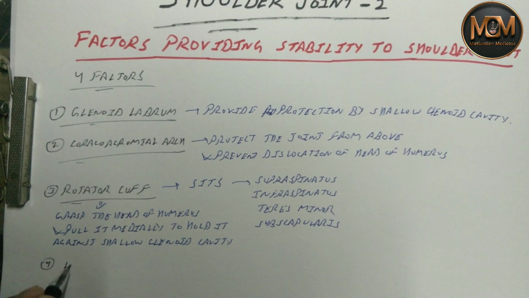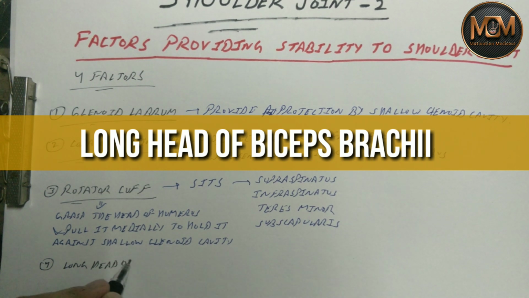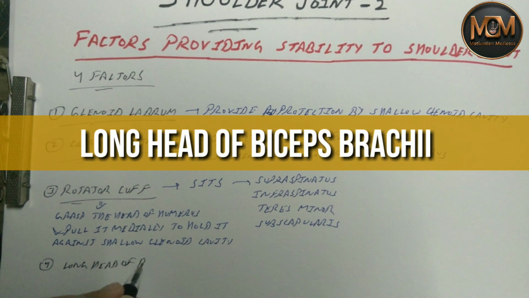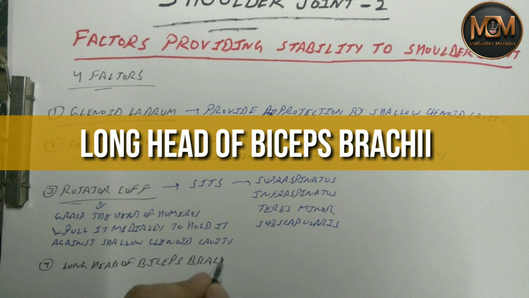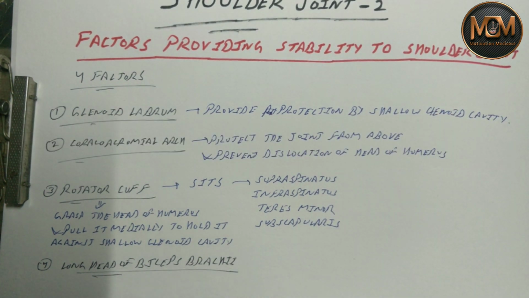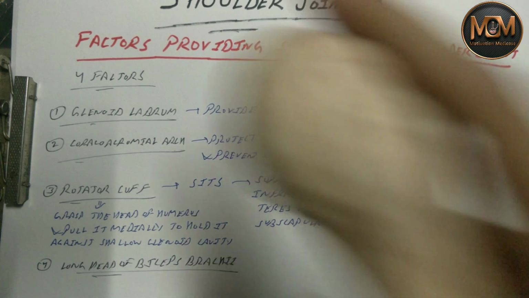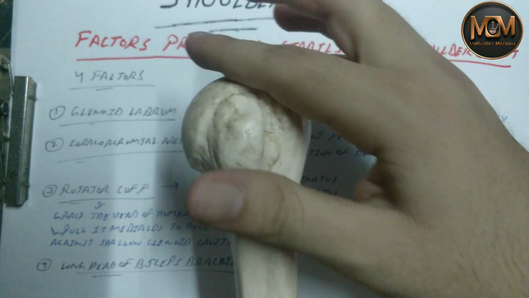And the fourth one is the long head of biceps brachii. In our previous video we have already told you that the biceps brachii is passing through this narrow groove and also covering the head of humerus.